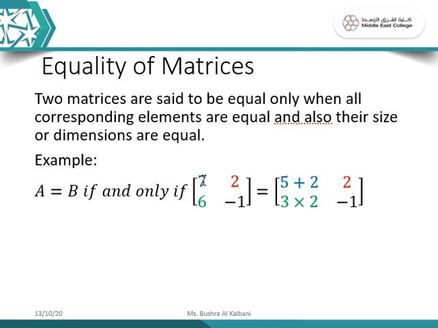For example, if here it is 7 but there it is 8, it is not equal, even though the size is equal. The size must be equal and each element inside should be equal.